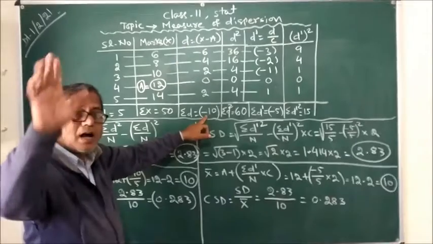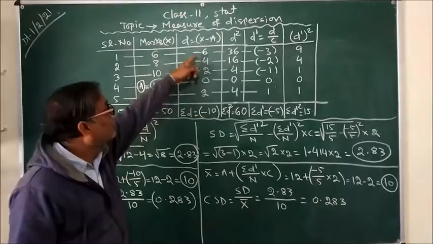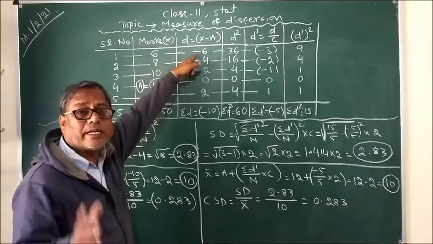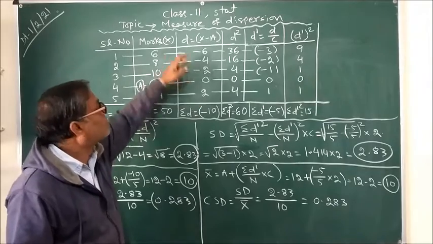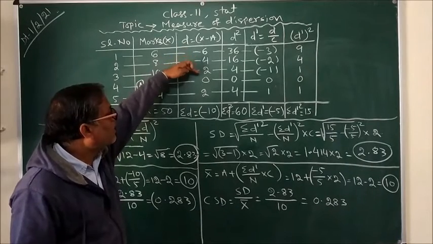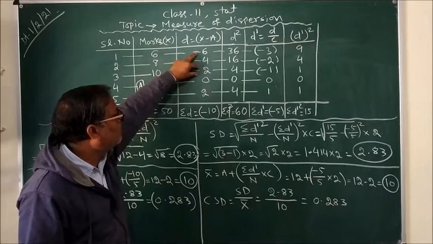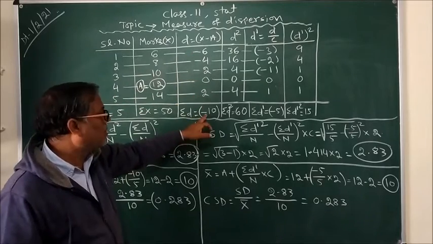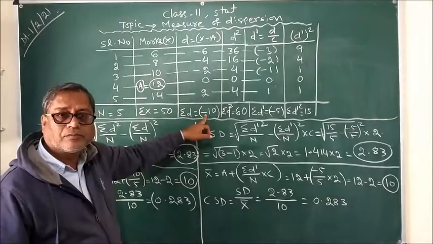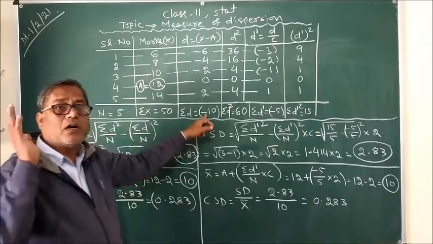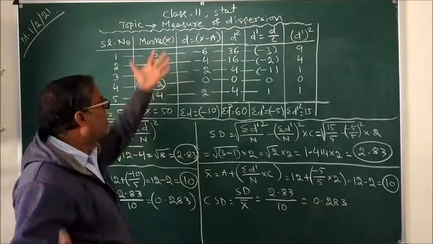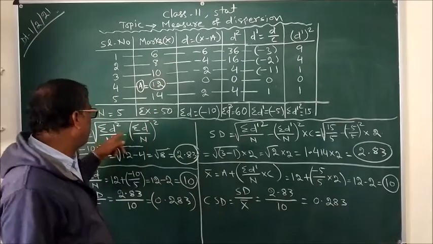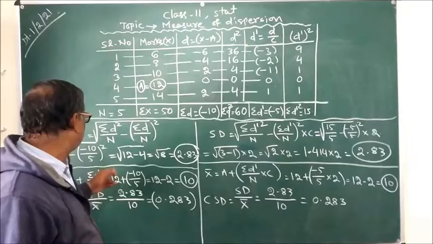And once again I remind you that we cannot ignore the negative and positive sides, we have to give real consideration. Hence minus 4, minus 6, minus 2, that is minus 12, and plus 2. The sum is minus 10. We have to consider the signs, positive and negative.